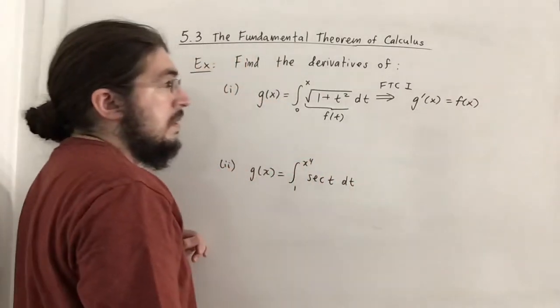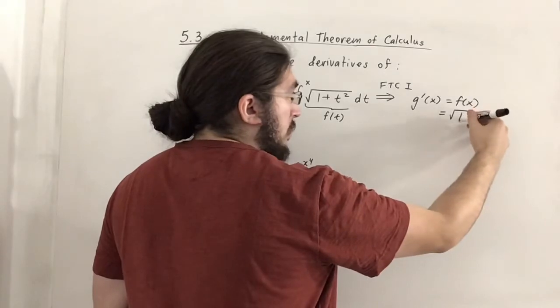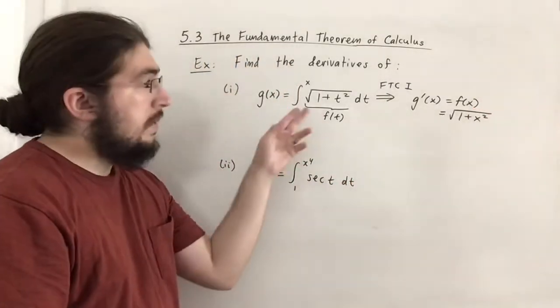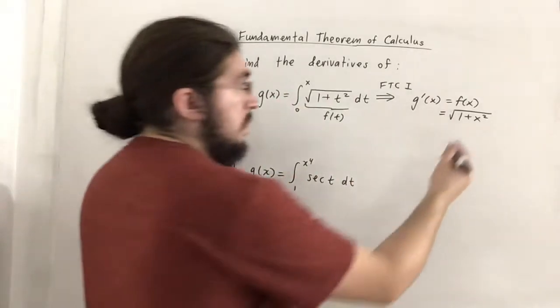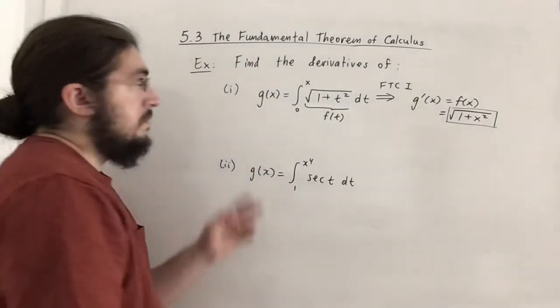Perfect. So what's f of x? F of x is the integrand, radical 1 plus t squared, but instead of t we're using x. Because it's not f of t, now it's f of x when you take its derivative. Awesome. So that's really it for the first example here.